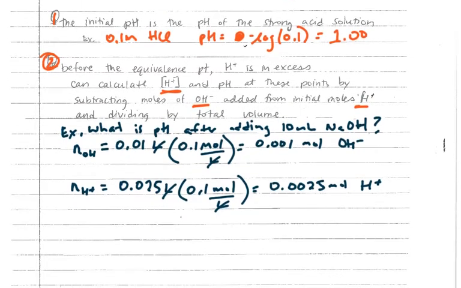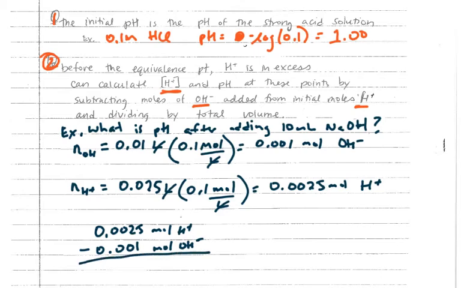So what happened was that we had 0.0025 moles of H plus, but 0.001 moles were neutralized by that hydroxide and turned to water. So we subtract that and we get 0.0015 moles of H plus are left after adding 10 milliliters of NaOH.